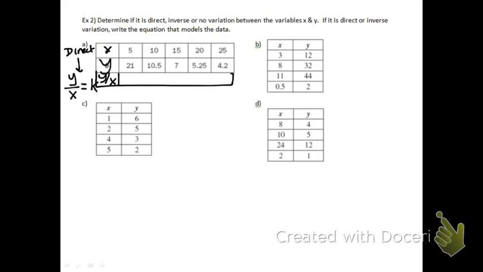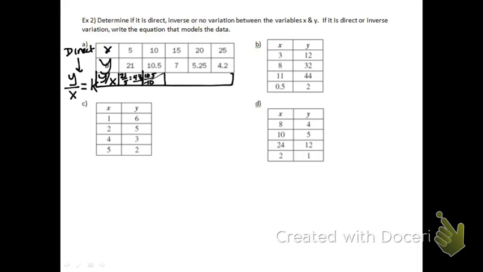In this case, if we do y over x, we'd have 21 over 5, which is 4 1/5. If we do it over here, y over x would be 10.5 over 10, and that is not even close to 4 1/5. That's like 1 1/20th, I think.